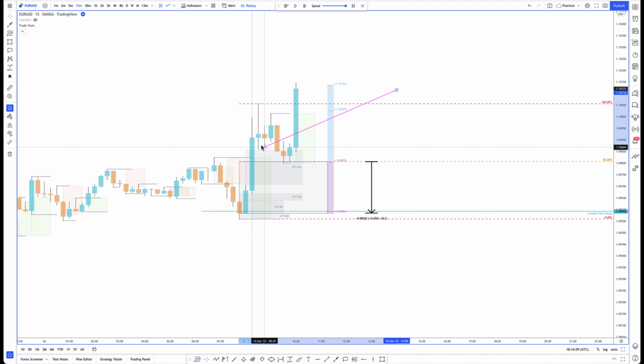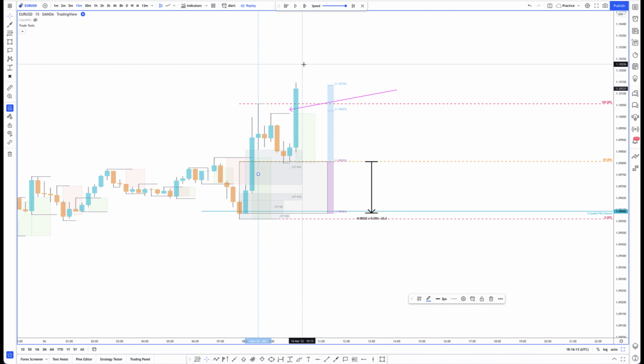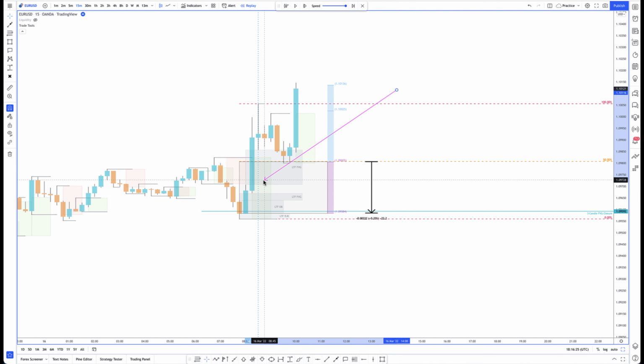So this new entry method basically works on signal plus one candle. Did you see what I just did? Instead of taking my decision on this candle, I'm now taking my decisions on this candle and using the inherent lower time frame concepts of fair value gap and order block and rejection block.